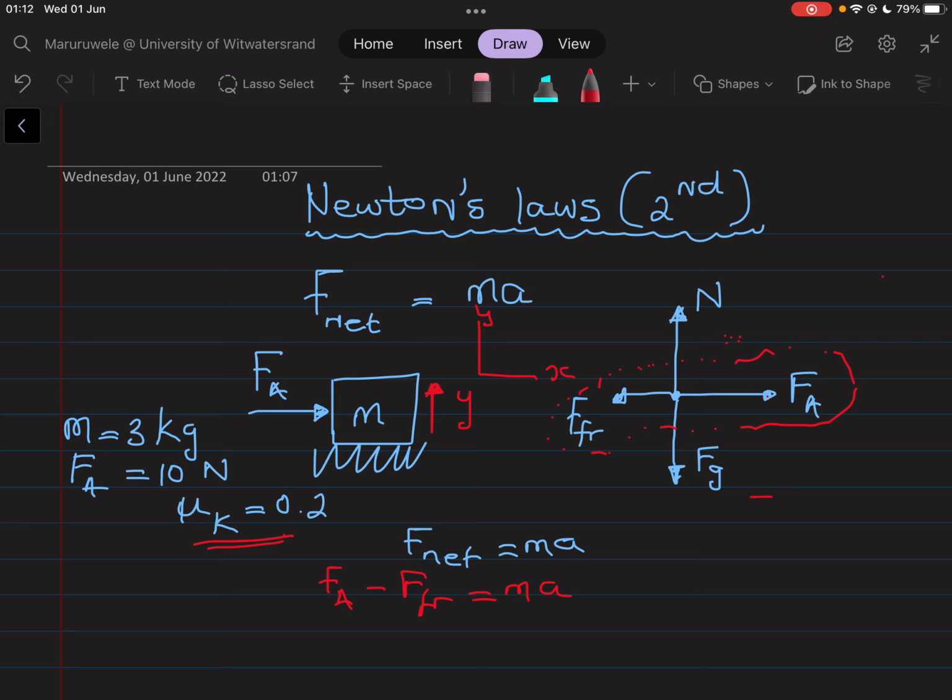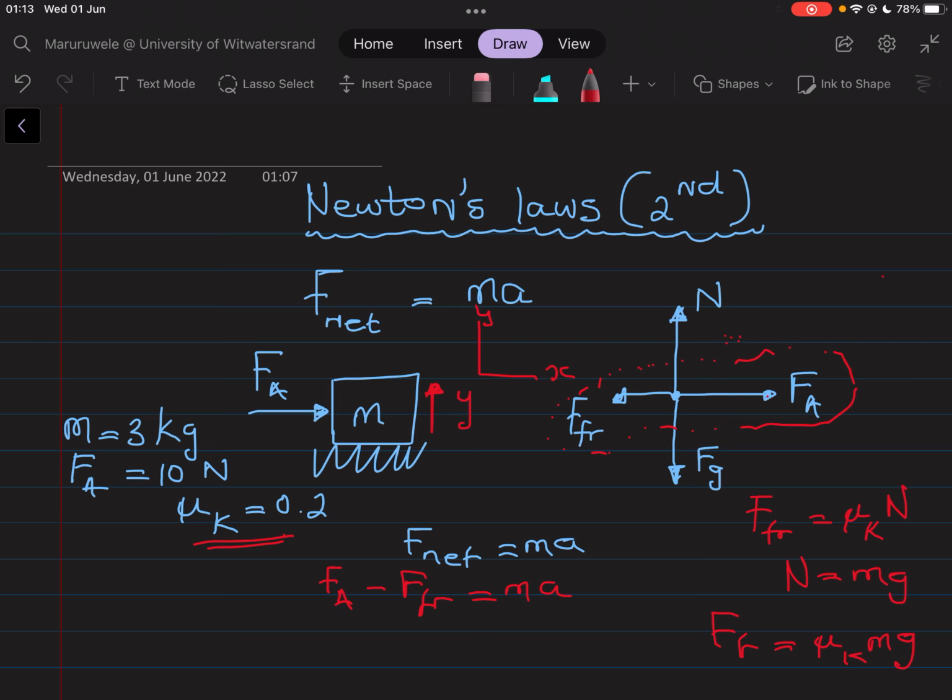So we know that our formula says frictional force is the coefficient of friction, kinetic or static, multiplied by the normal force. And our normal force is given by mass multiplied by gravity, which therefore means that our friction is mu k mass multiplied by gravity.